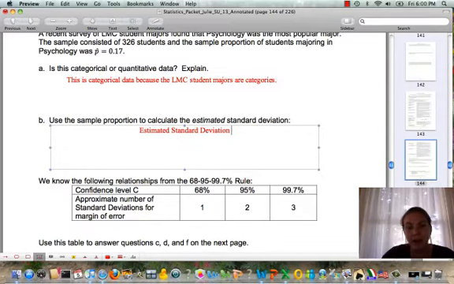And when you type it in your calculator, you're going to use the square root key, and then in parentheses, or if you're on the 84 plus, you'll actually have the square root sign. We're going to put 0.17, that's our p hat value, times 1 minus 0.17, all divided by the size of our sample, which is 326.